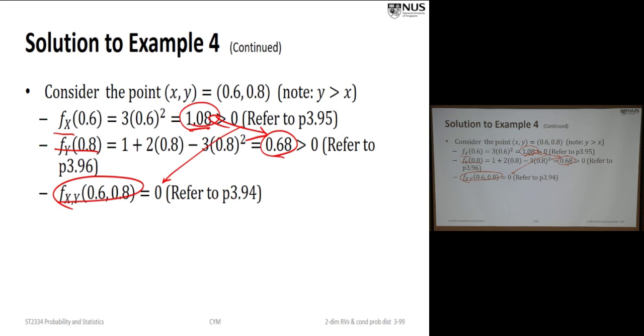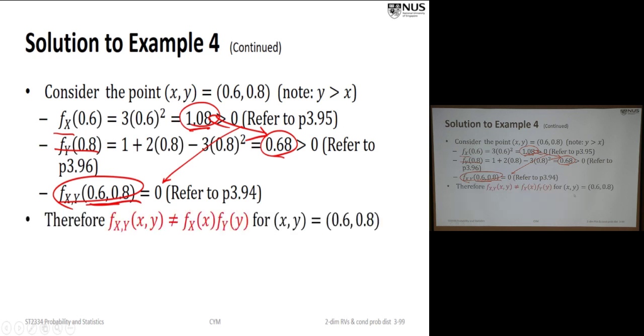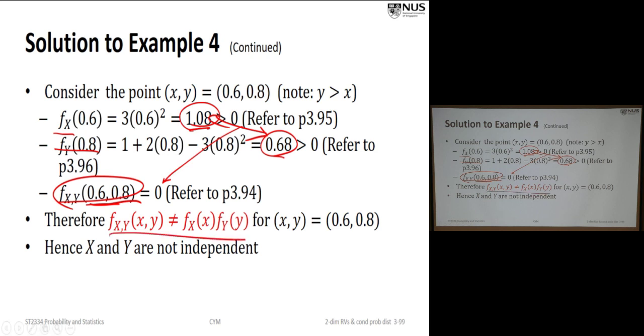This point is outside the region. So at least for this point, f of x y does not equal f of x times f of y. So x and y are not independent. I just showed you, make sure that you know it is not independent because I find at least one point for which this is not true.